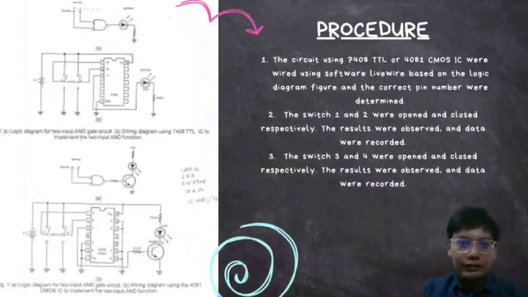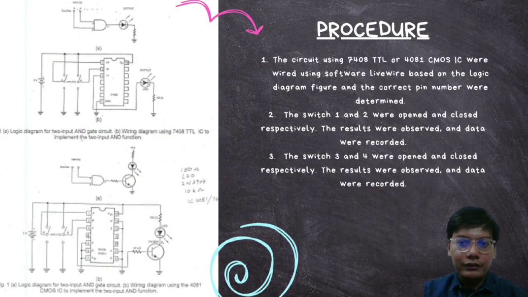The circuit was designed and implemented using both a 7408 TTL and a 4081 CMOS IC separately. The Live Wire software was used to wire the circuit based on the logic diagram figure, ensuring that the correct pin numbers were determined and connected appropriately.